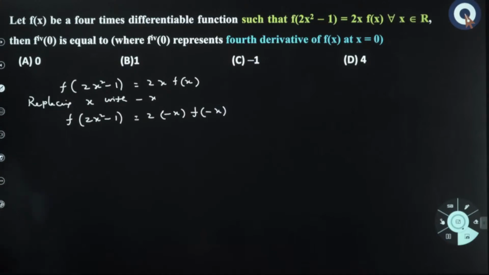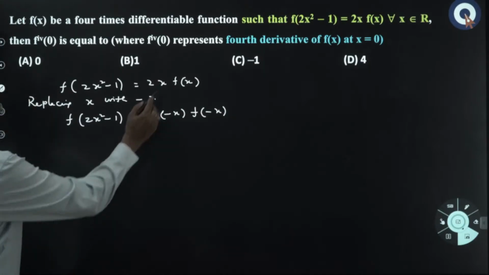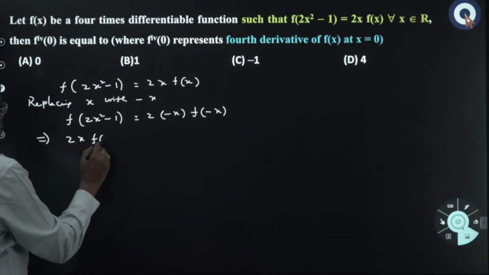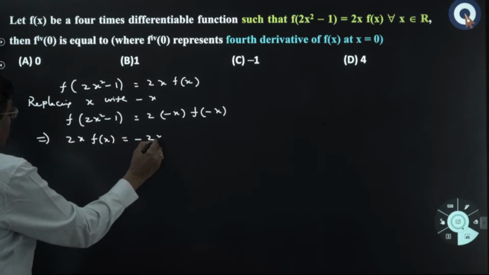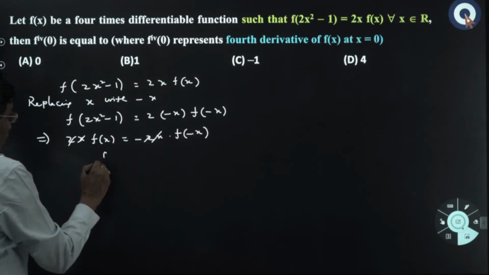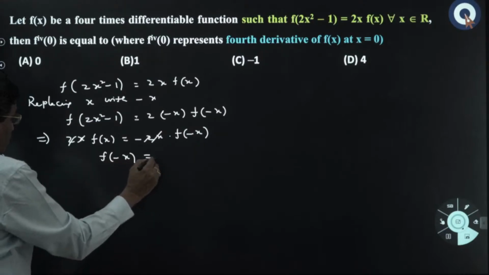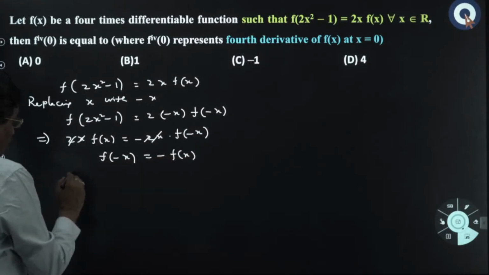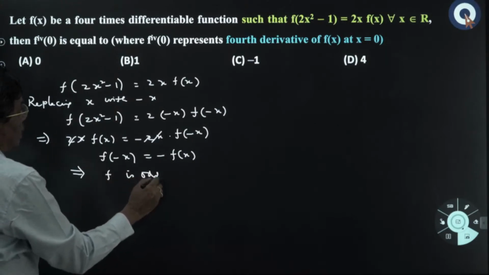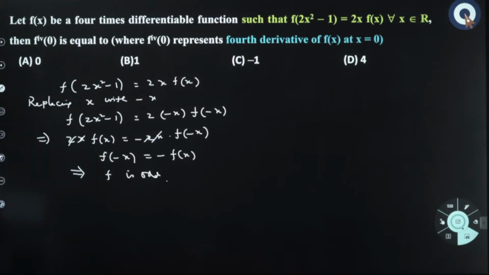So therefore, because both represent f of 2x square minus 1 only, this has to be equal to this. This implies we have 2x into f(x) is equal to minus 2x into f of minus x. So therefore, you have f of minus x is equal to minus f(x). So this implies that f is odd.